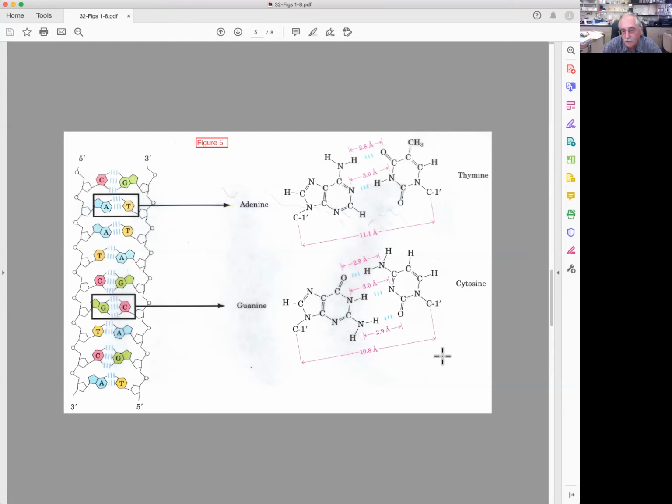So to get maximum hydrogen bonding is really between an A and a T and a G and a C. And so this is really what determines all the different properties of DNA. Hydrogen bonding between the strands. That's why if we know the sequence of one, we know the sequence of the other strand.